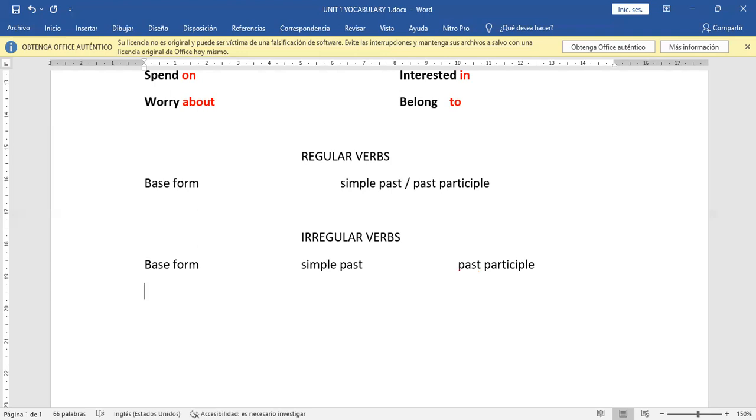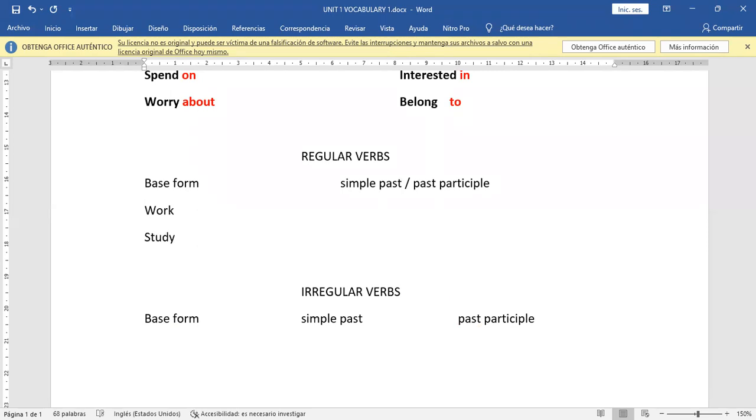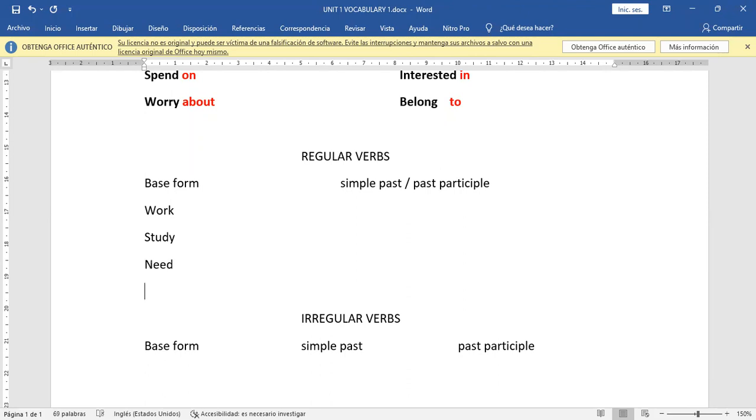In the case of regular verbs, we have work, study, need. Those are regular verbs.